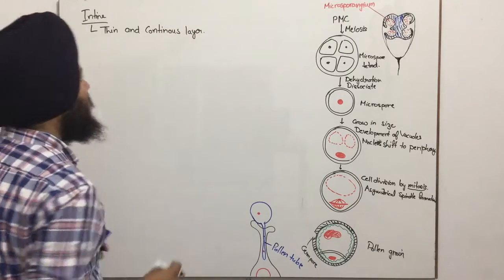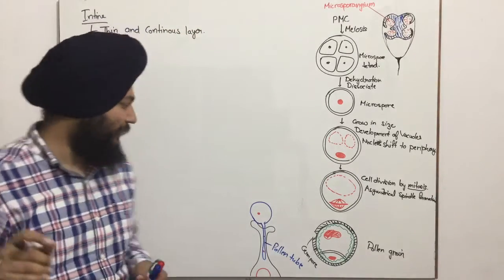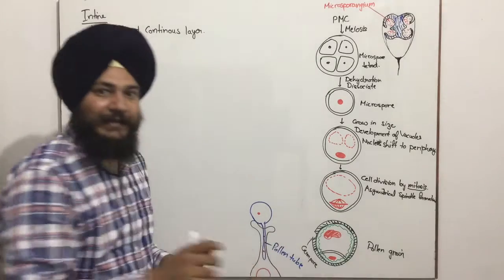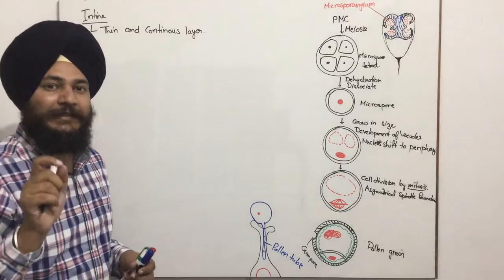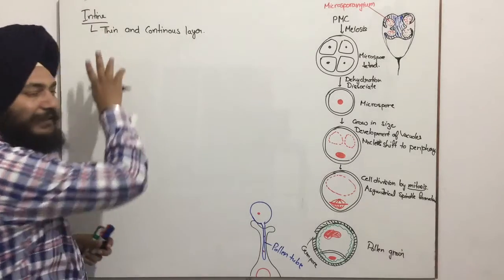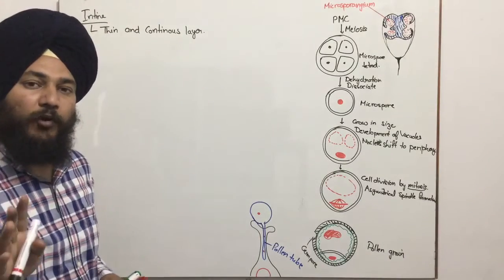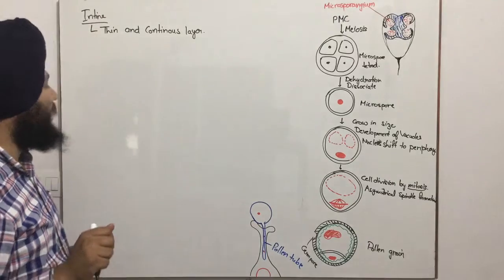When we call it a continuous layer, that means that, like the exine has germ pores, that is the openings, such openings are not present in the intine. So we call it a continuous layer.